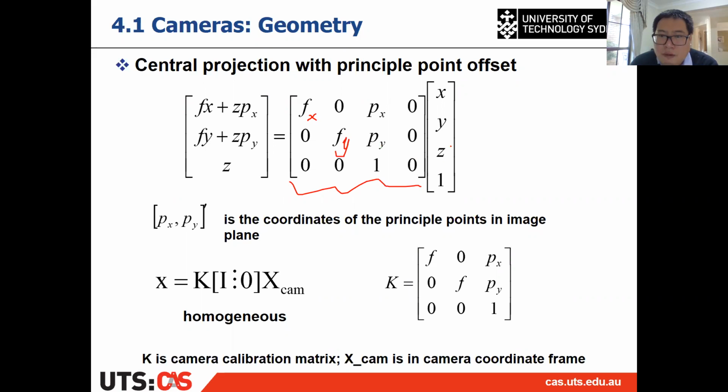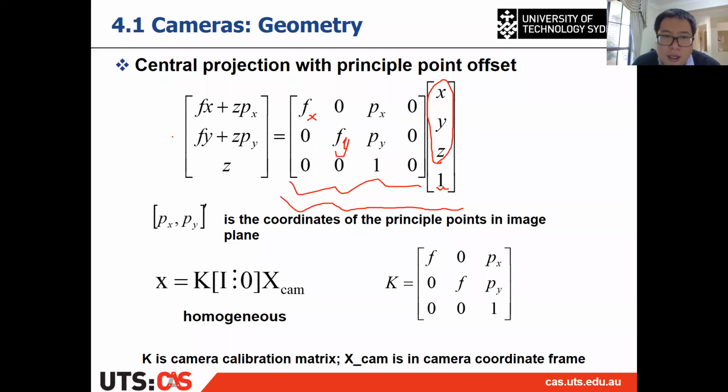If you have a 3D point x, y, and z, simply add 1 to make it a homogeneous 3D point, then you can use this function to calculate the 2D homogeneous point of the projection on the image.